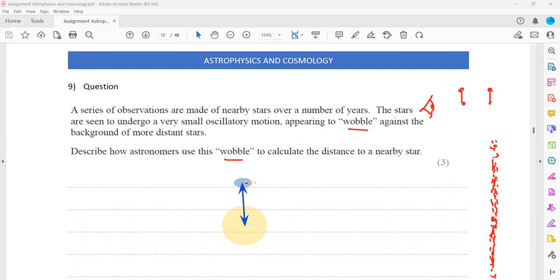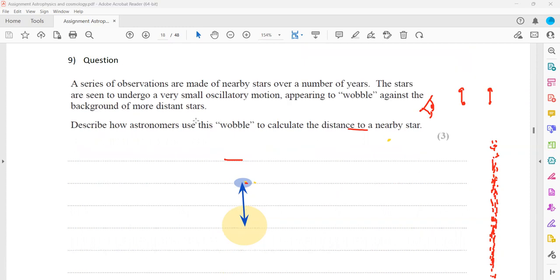So say we are focusing on this star. We observe this star with reference to the background, making that our origin.